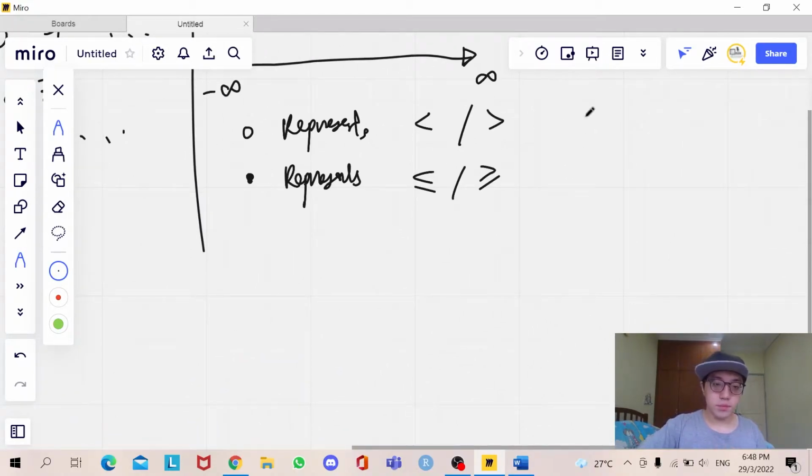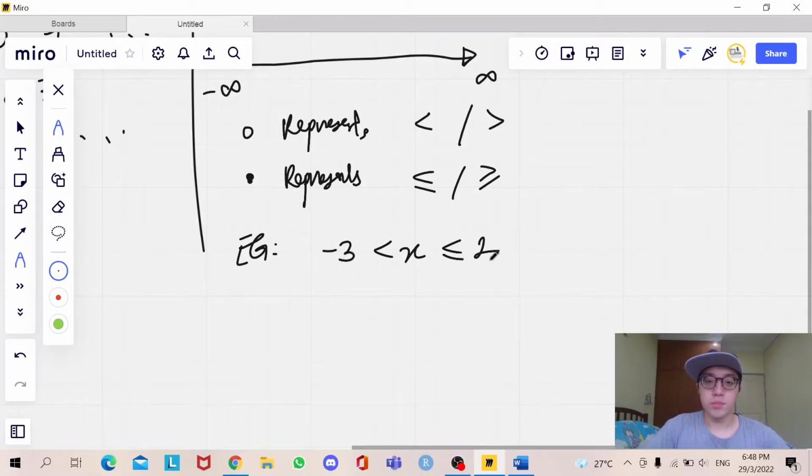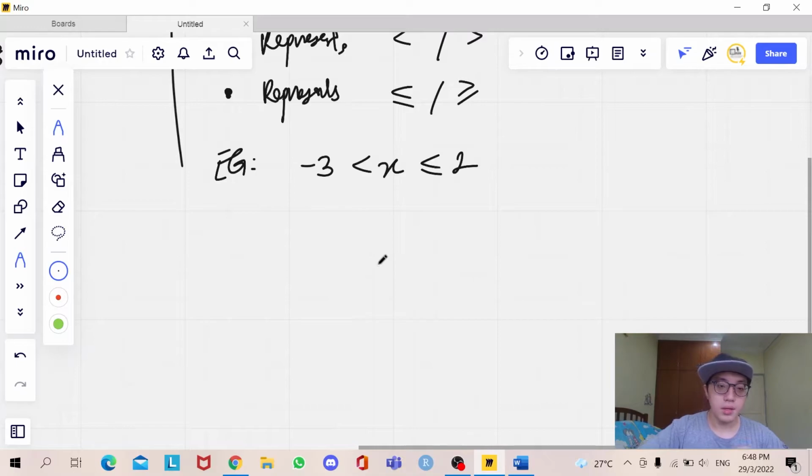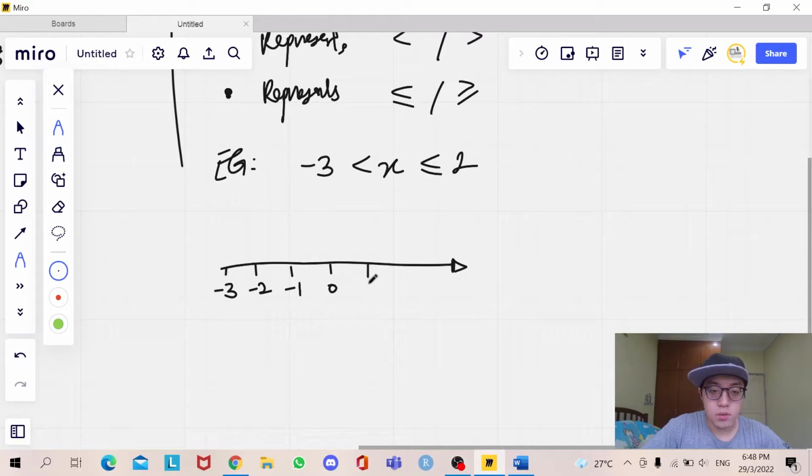For example, I would say x is in between -3 and 2. If you are to represent this on the number line, it starts from -3, -2, -1, 0, 1, 2, 3.